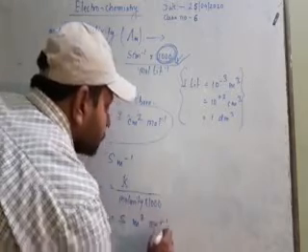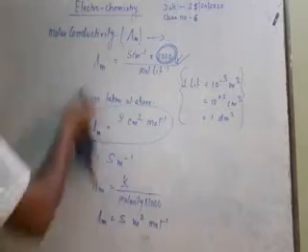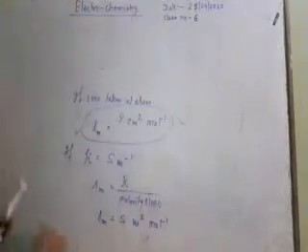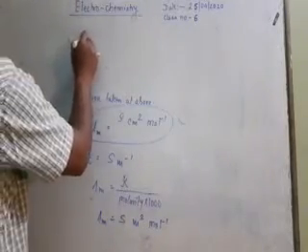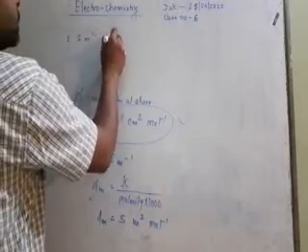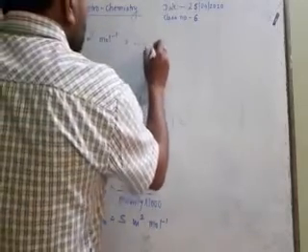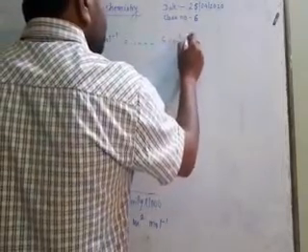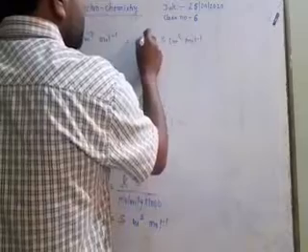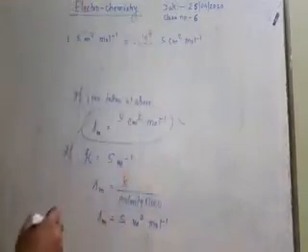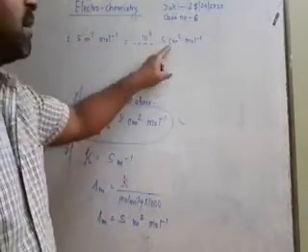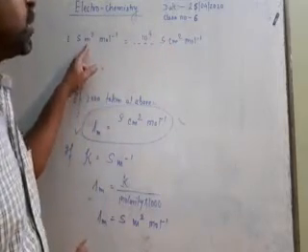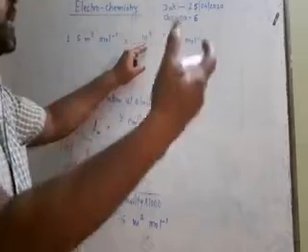If we take 1 Siemens meter square mole inverse, then how much is it in Siemens centimeter square mole inverse, student? 10 to the power 4, because 1 meter is 100 centimeter, 10 to the power 2 centimeter, and meter square is present, so 10 to the power 2 square is converted to 10 to the power 4.